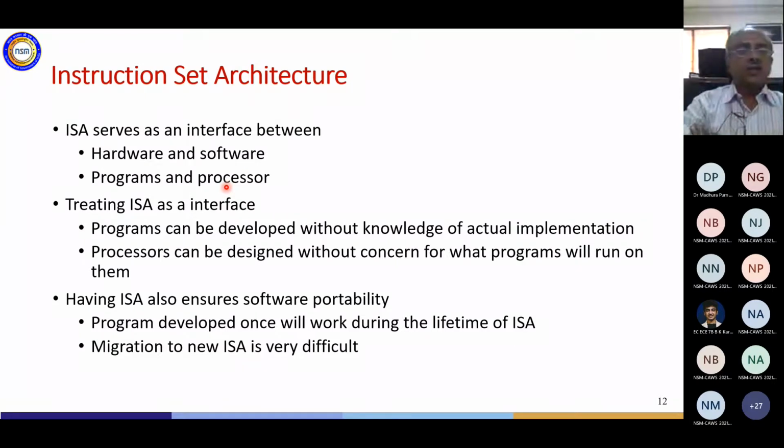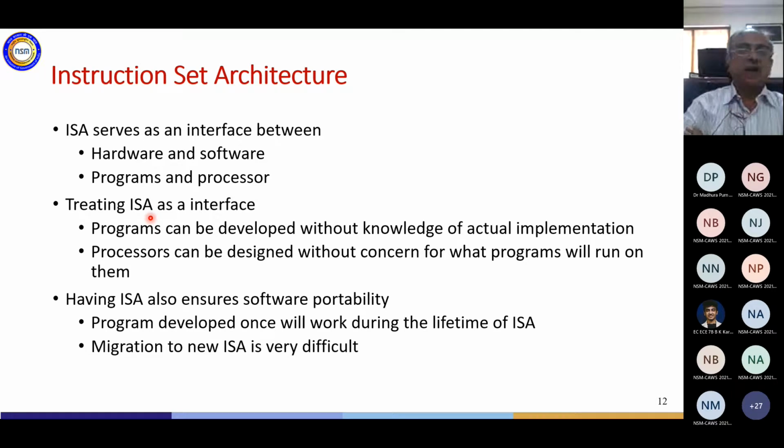Okay. So here let me tell you that whenever a new processor is designed, the first thing that the processor designers, the software and the hardware designers, agree upon is the instruction set architecture. So when the instruction set architecture is designed, at that time, you can say that the specification of the processor is frozen.